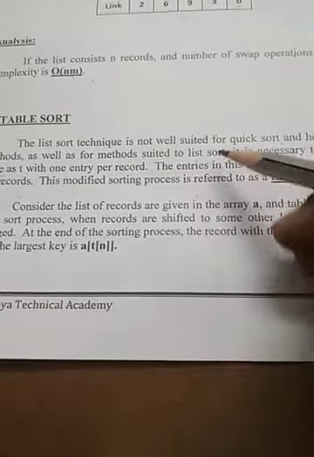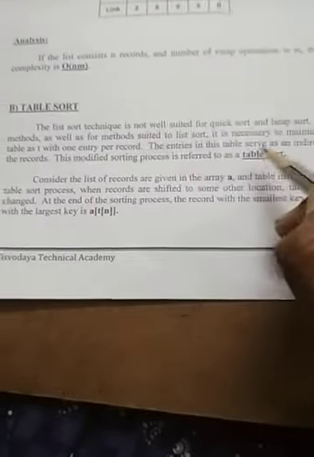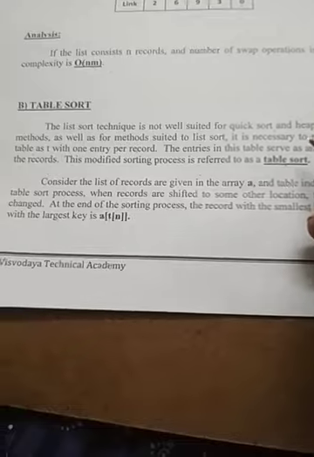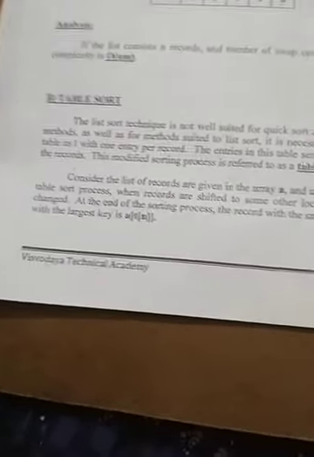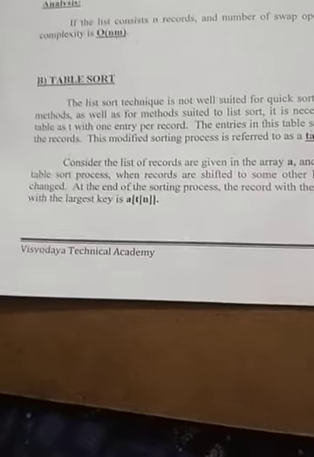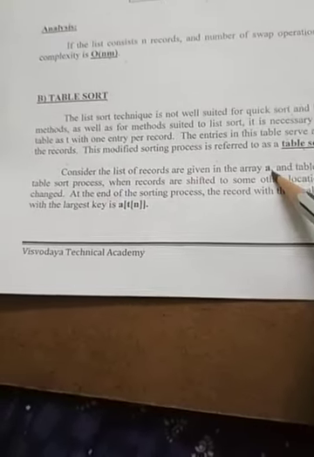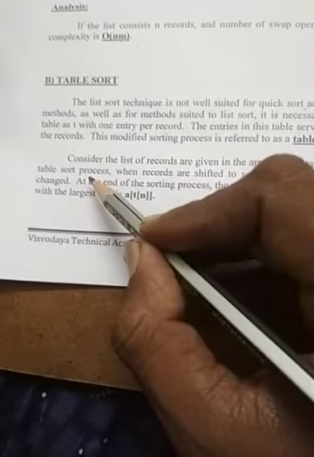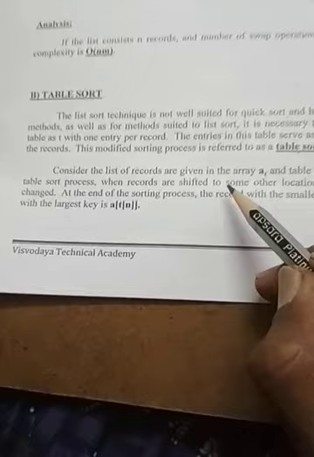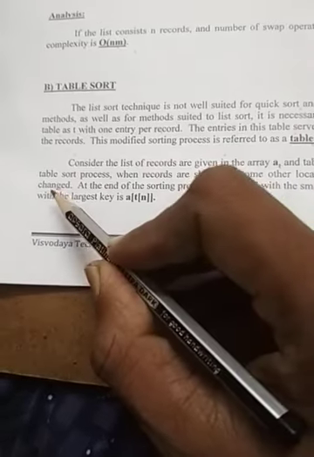It means apart from the array or the linked list, we also maintain one more table, a hash-table-like type of data structure. Actually, it is not a hash table. Table means it may be a two-dimensional array variable. Consider the list of records is given in the array A and table index values are in T. In the table sort process, when records are shifted to some other location, table entries are also changed.